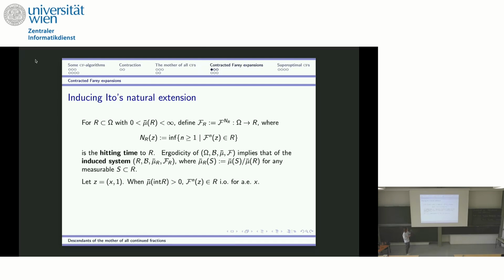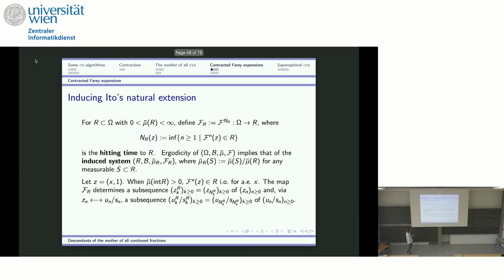So it's possible that this whole top ledge belongs to the null set of points that don't return to R infinitely often. But if we put the further restriction that the interior of R has positive mu bar measure, we can guarantee that Lebesgue almost every point from that top strip will actually enter R infinitely often.